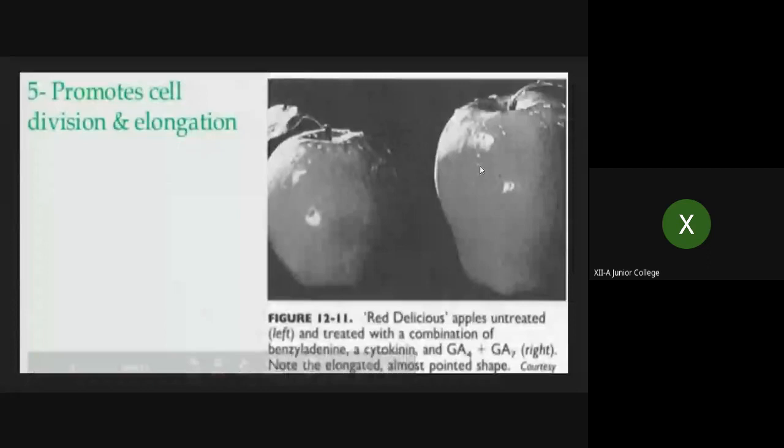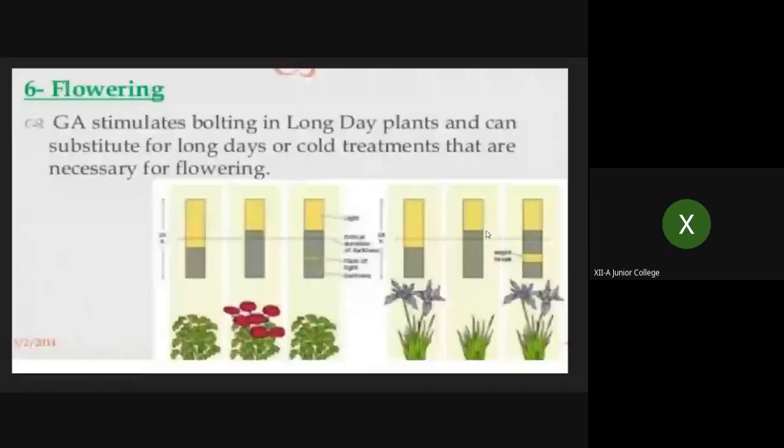And one more, that is the stimulants in plants, a substitute for long days or treatments that are necessary for flowering. Now try to understand. In some plants that give a rosette, rose-like appearance, as in cabbage, you can see that rosette structure, isn't it?